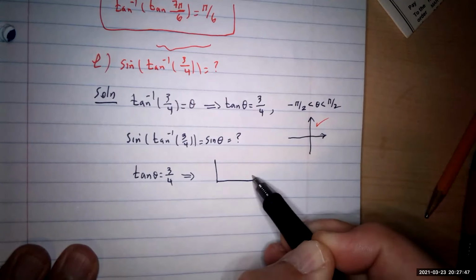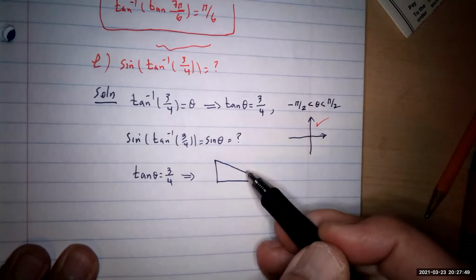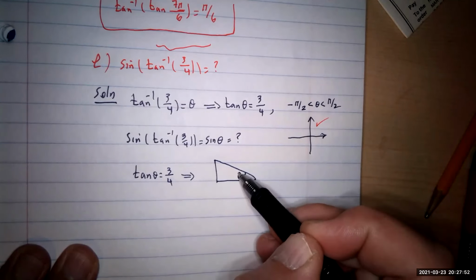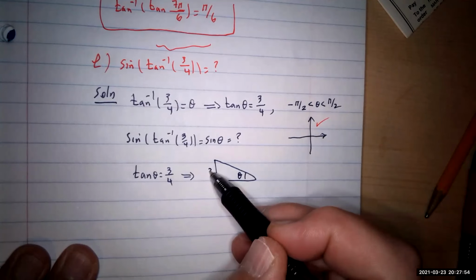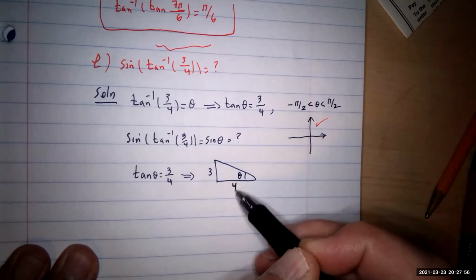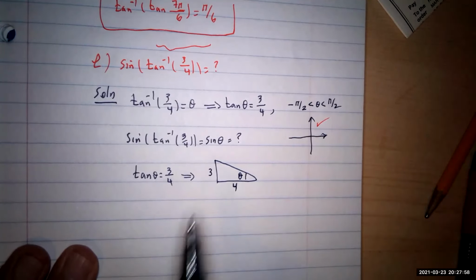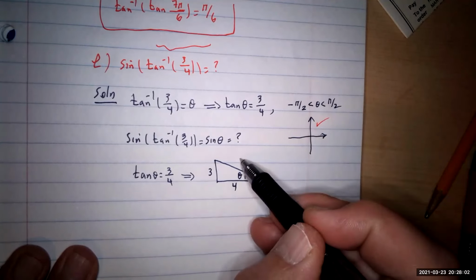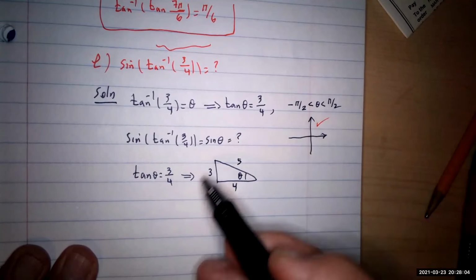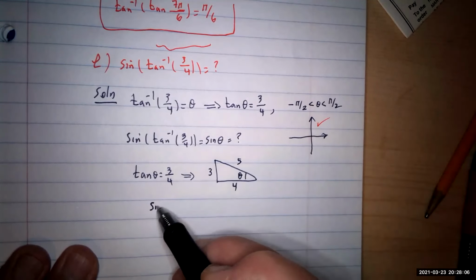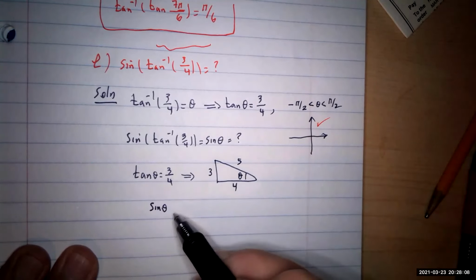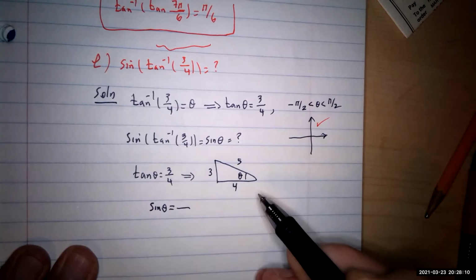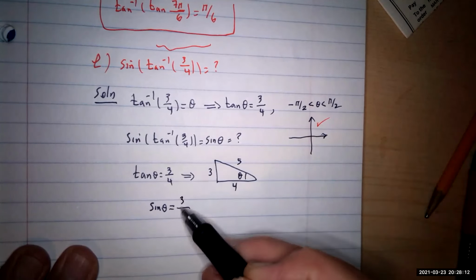We get the right triangle. So this is going to be theta, tangent 3, 4. 9 and 16 is 25, so 5. And you want to find the sine. The sine is going to be 3/5.